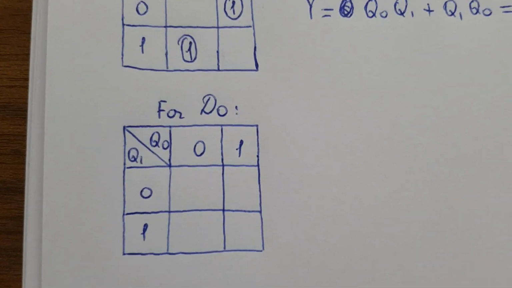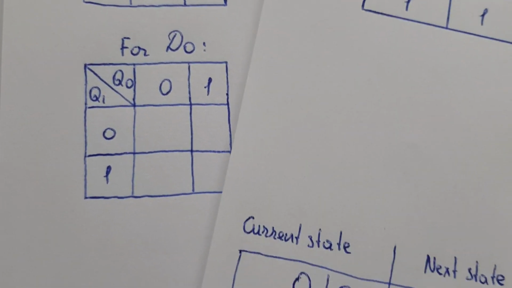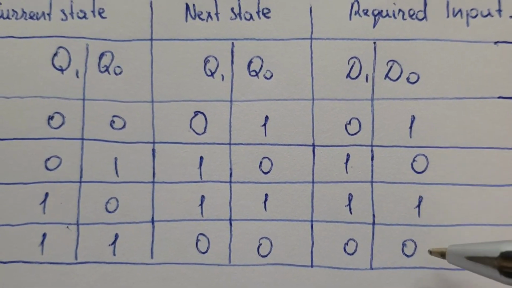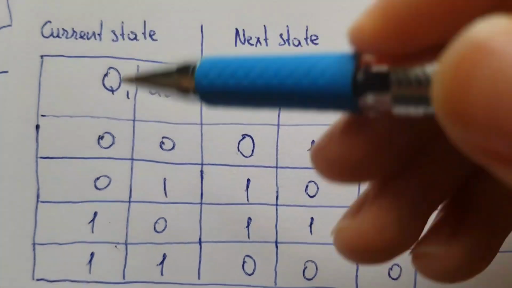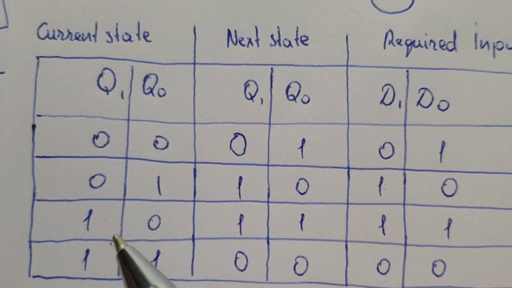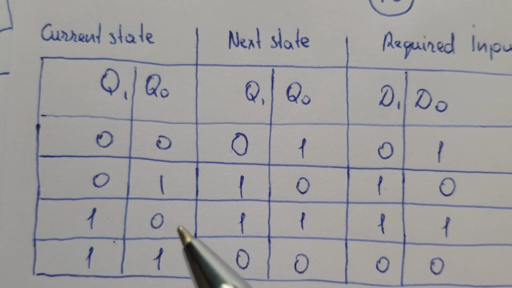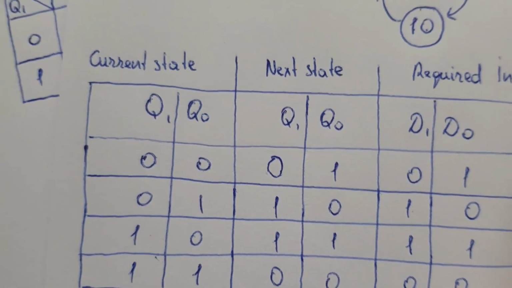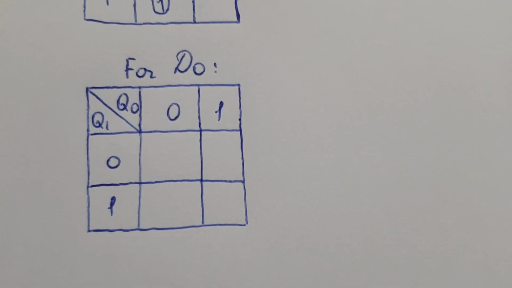And we do the same thing for D0, and we see that D0 is 1 when Q1 is 0 and Q0 is 0, and when Q1 is 1 and Q0 is 0. So we put these values on this table.